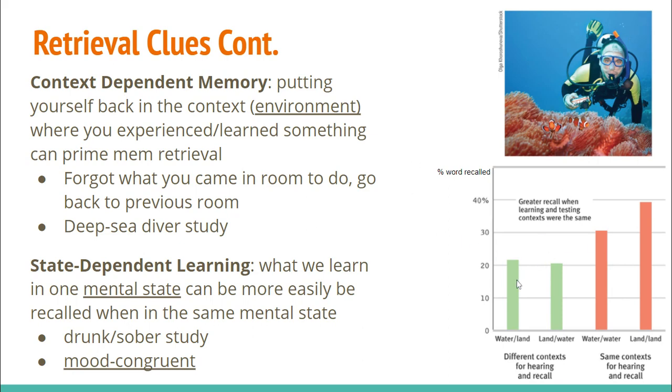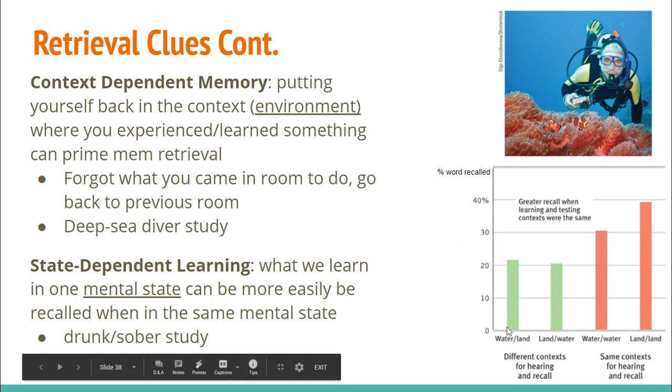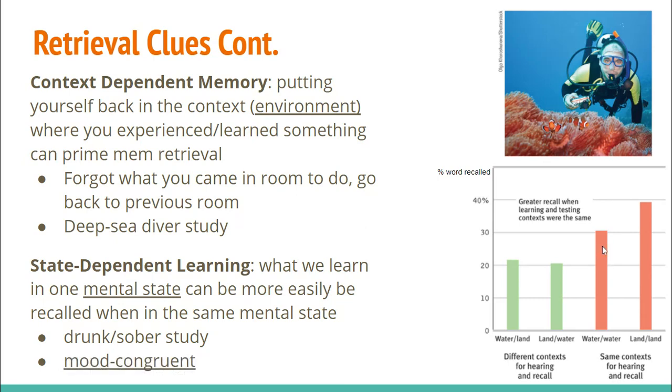Even for those that did water and land, so you studied them underwater and then you took the test on land, which you would think you would do pretty well in, because then you're no longer in a scuba diving suit. They did worse than people who were water and water, in the same context, where they took the test in the same environment that they learned the materials. So learning things and then retrieving them in the same context is going to make things more effective for you.